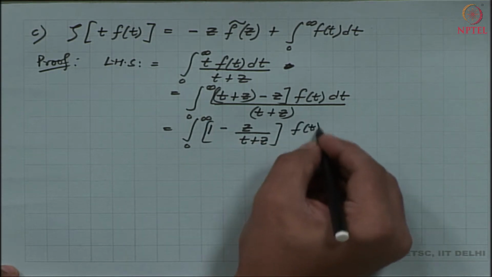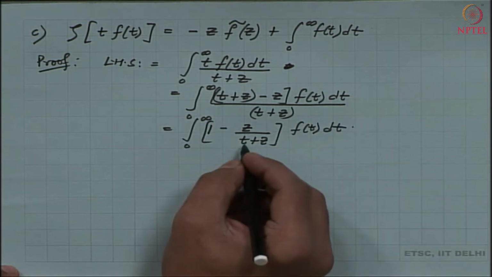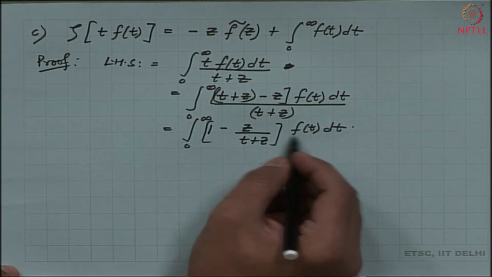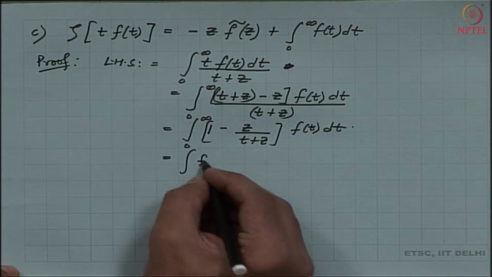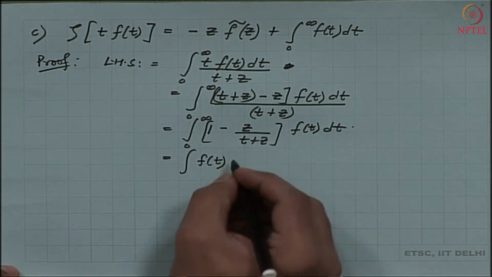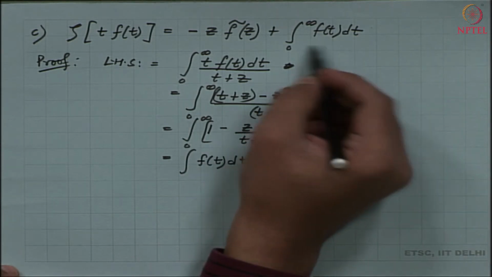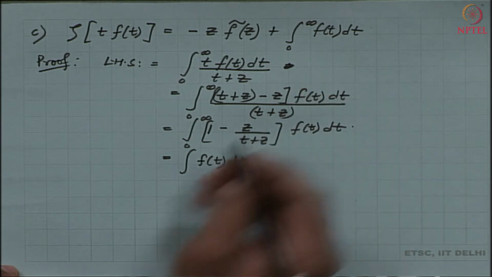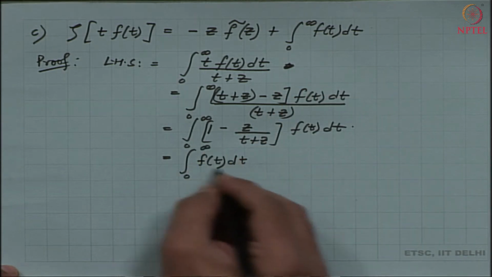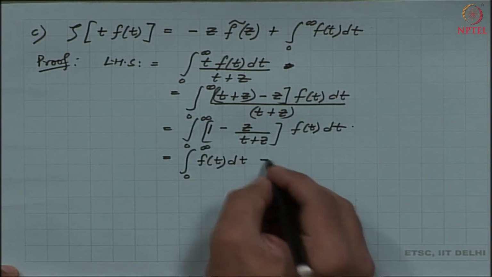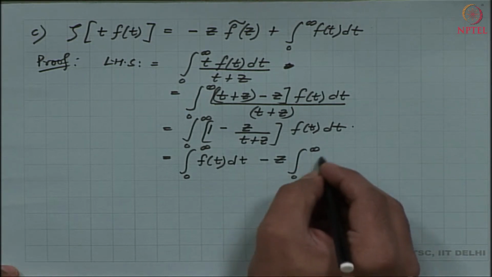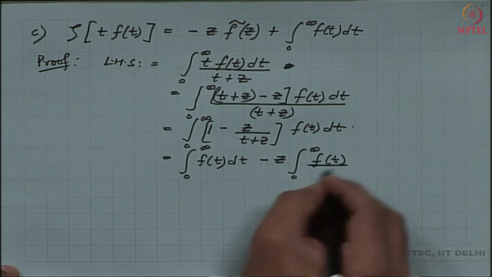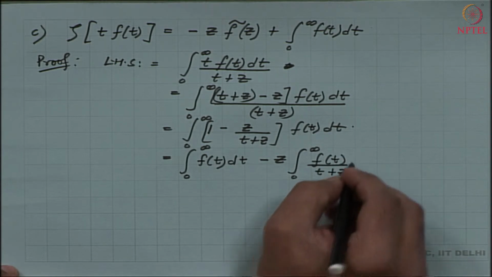Let us now distribute the function. The first integral is the integral that we have in our right hand side, namely the integral from 0 to infinity of f(t) dt, and the second integral is negative z times the integral from 0 to infinity of f(t) divided by (t + z) dt.